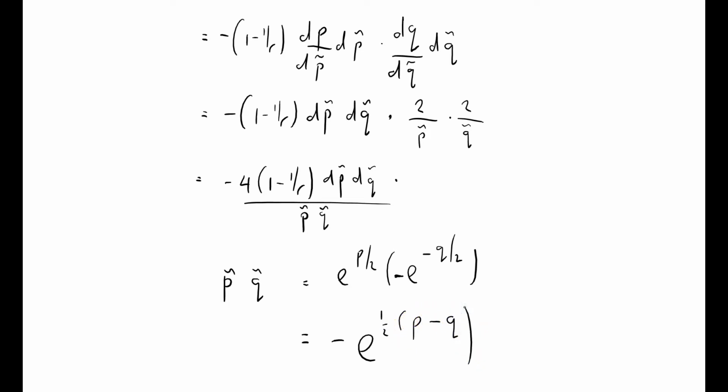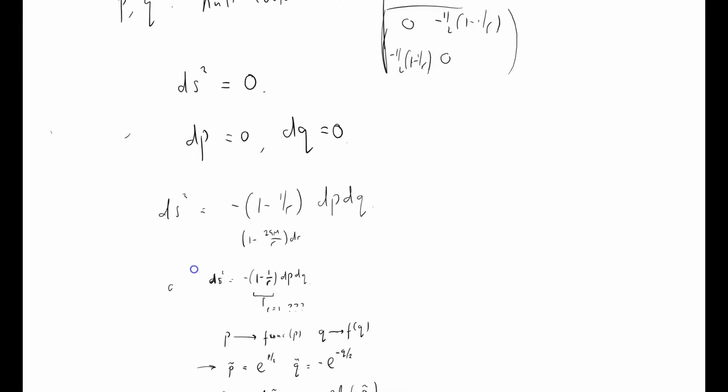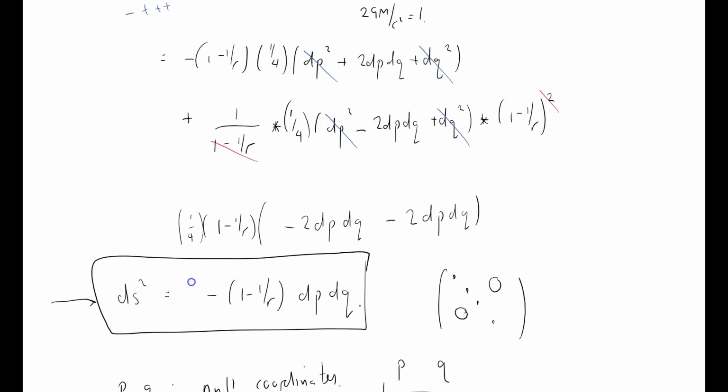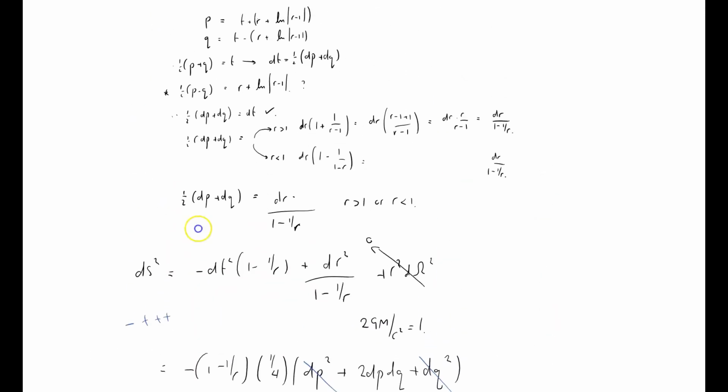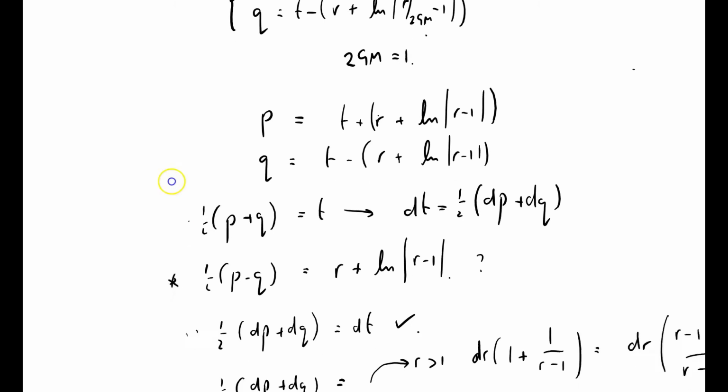Is that right? Yeah, that's right. And we know what p and q are from quite a long time ago. So p minus q is just 2r minus log r minus 1.